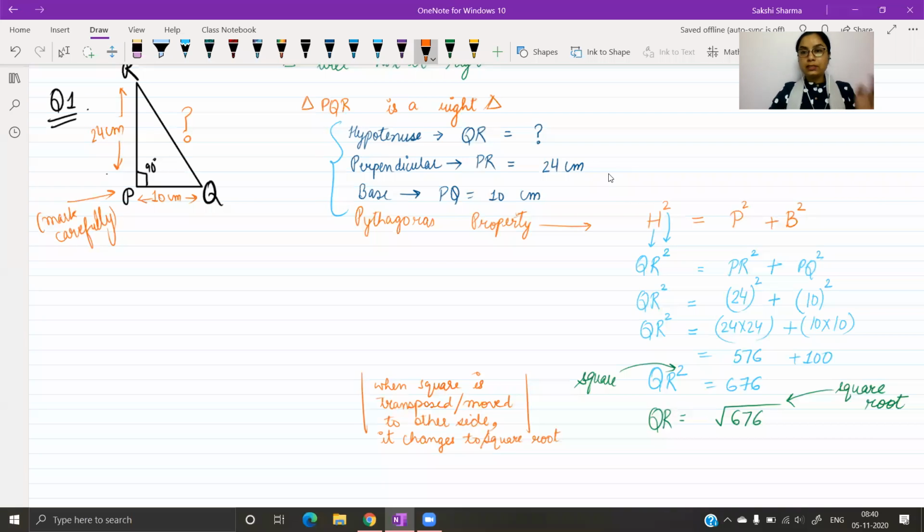Remember, just like plus changes to minus, minus changes to plus, multiply changes to divide, divide changes to multiply, in the same way, square when moved to the other side becomes square root. And now you need to find out the answer for this.